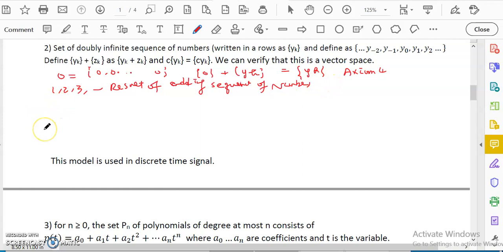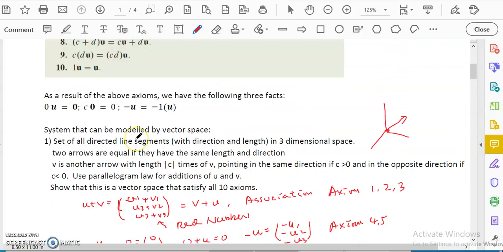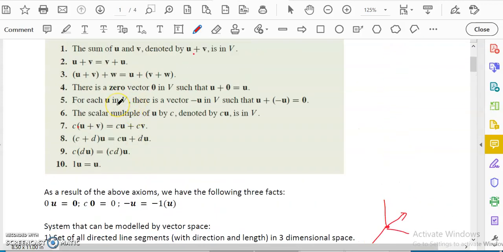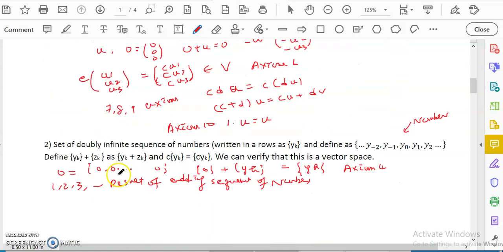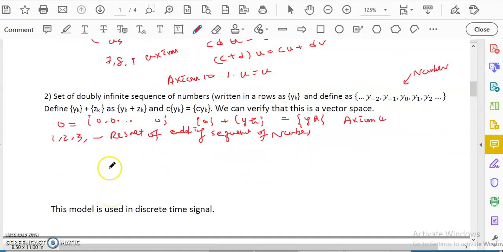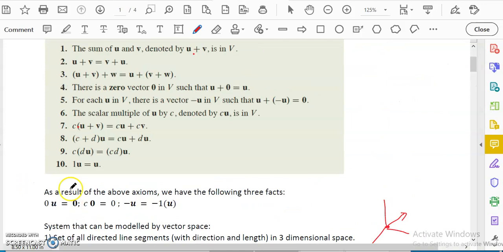Axiom 4 is done. For axiom 5, I can define a negative. The negative vector would be negative yk, equal to negative u if u is yk, right? So when you add them, you get 0. So this is axiom 5. Axioms 6, 7, 8 are about scalar multiplication.